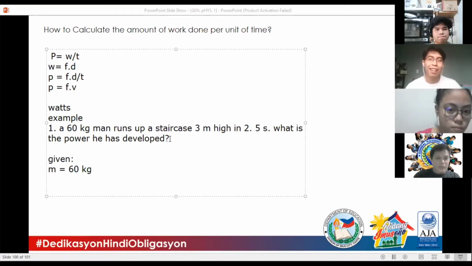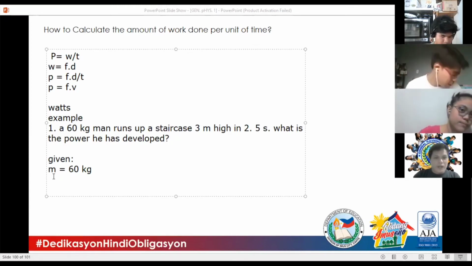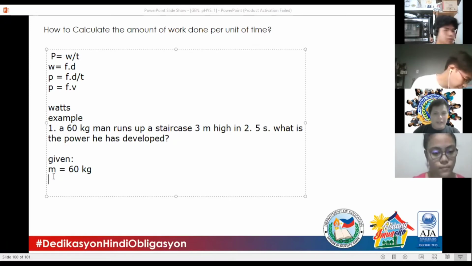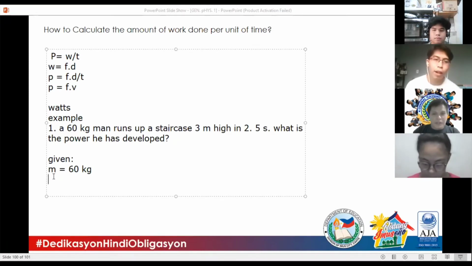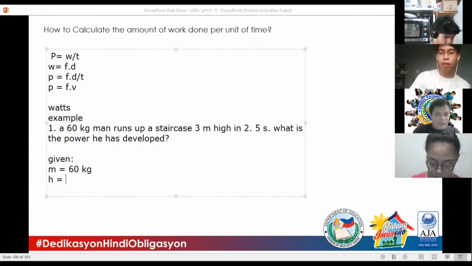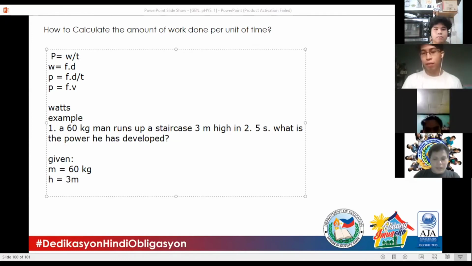Height or displacement. So, yung 3 meters dito is height kasi nakalagay naman dyan, staircase 3 meters high. And then, your time is, obvious naman, 2.5 seconds.